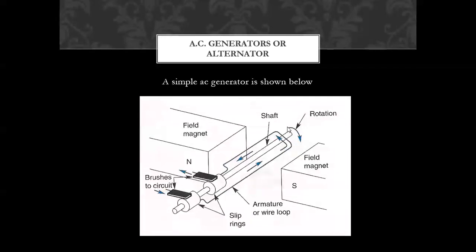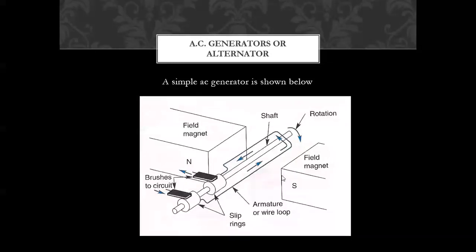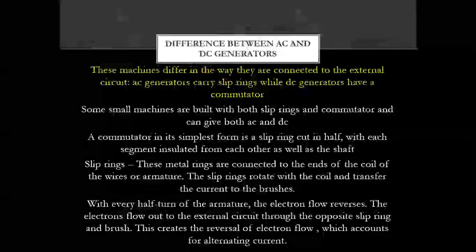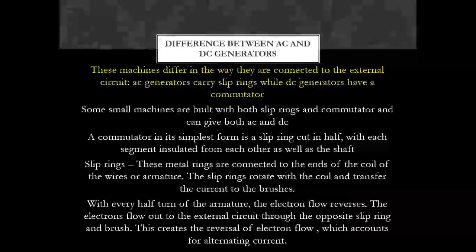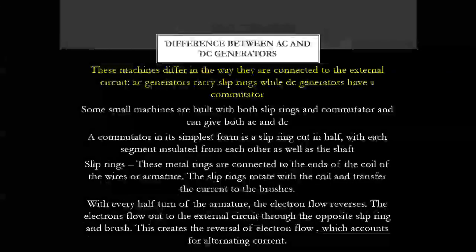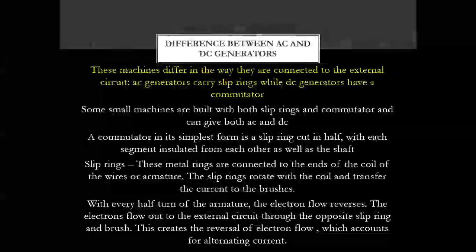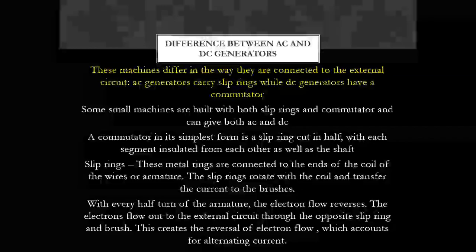Also, the type of material that is used to make the armature loop affects it as well. Then, of course, the speed at which the conductor is moving in the magnetic field also affects the amount of current that can be induced.